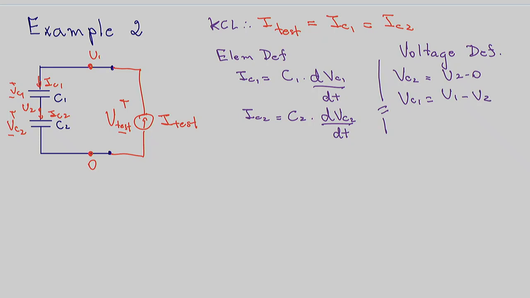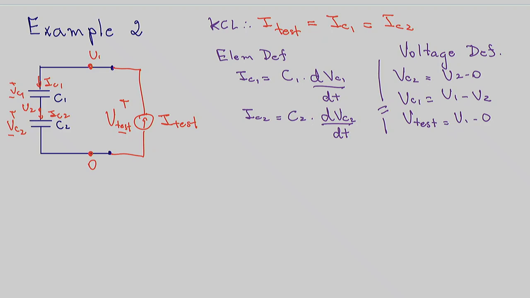And finally, we cannot ignore our V test, because that's what we are after. We are after the relationship between V test and I test. V test is between 0 and U1, so V test is equal to U1 minus 0, which is equal to U1.